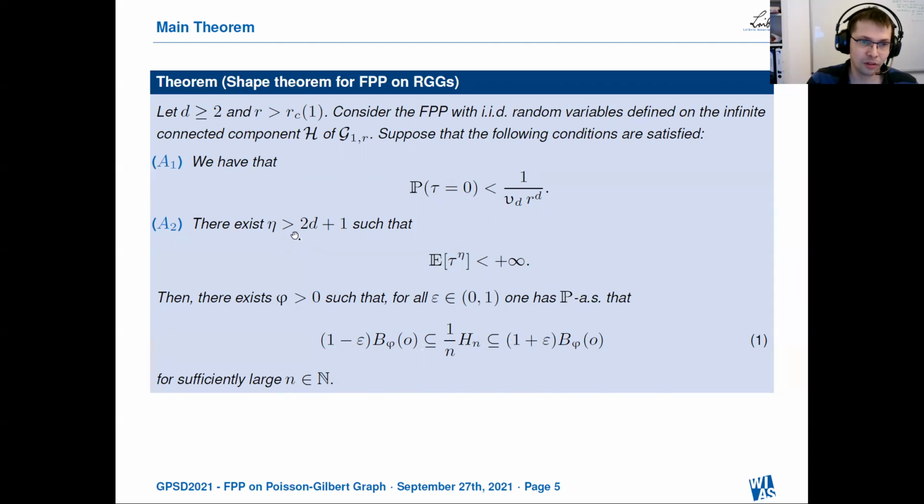But in between the first and the 2d plus 1 moment is still open. And if those conditions are satisfied, then the rescaled version of our process converges to a ball almost surely.